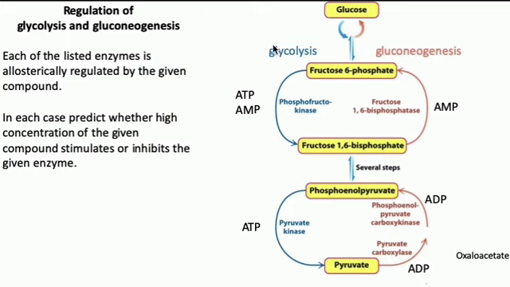For example, ATP binds to phosphofructokinase in the active site and is a substrate. But in addition, there's an allosteric, different site on phosphofructokinase that binds to ATP, and the binding to the allosteric site induces a conformational change that affects the activity of phosphofructokinase.